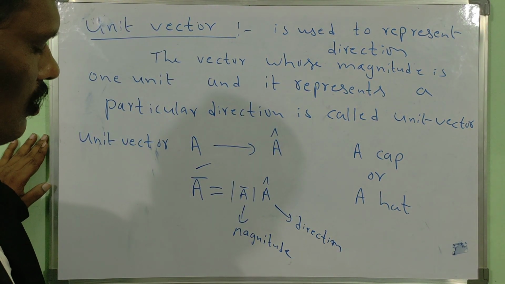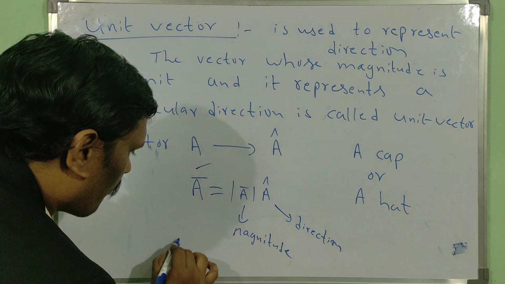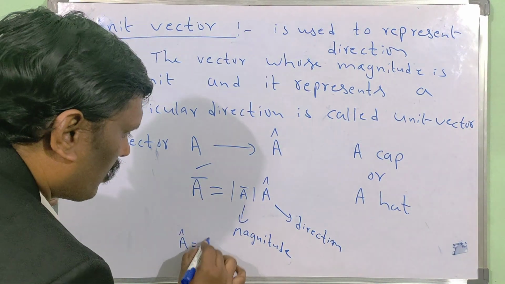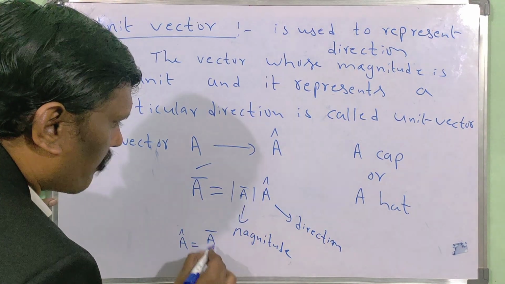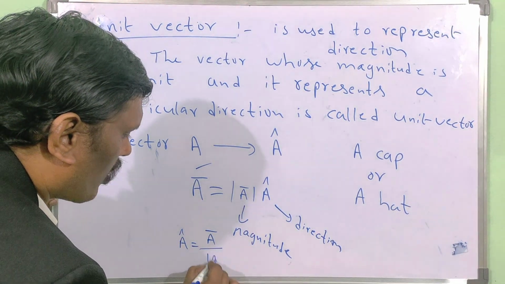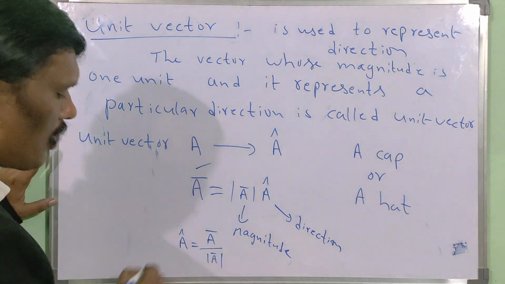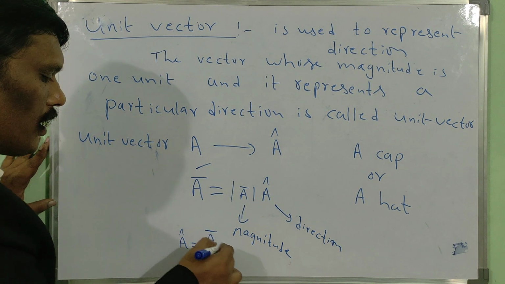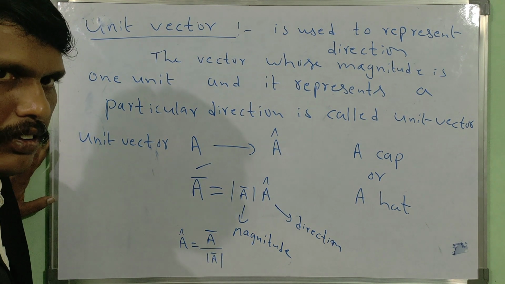So magnitude times direction always gives the vector. That's why, how to define A cap now? A cap is nothing but the A bar vector divided by its magnitude, mod A bar. Then how to define the A cap or unit vector? Vector divided by its magnitude.